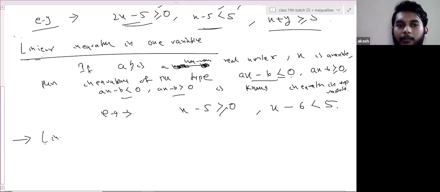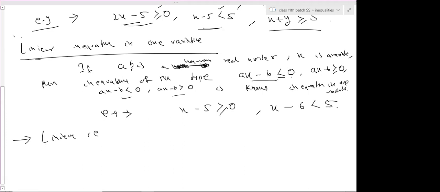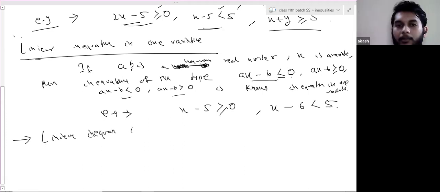Now linear inequation in two variables. Very simple.